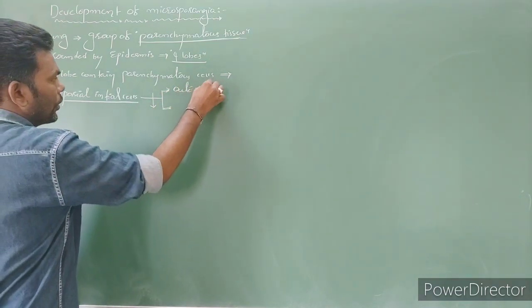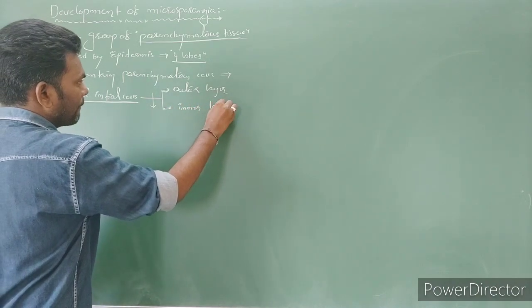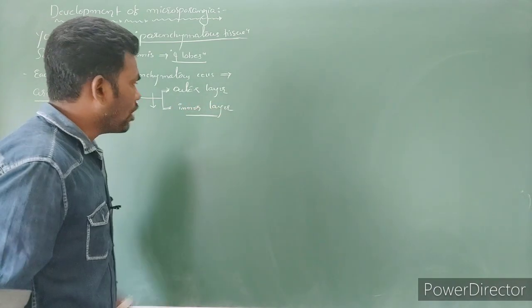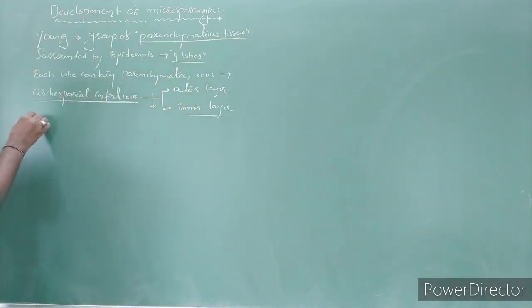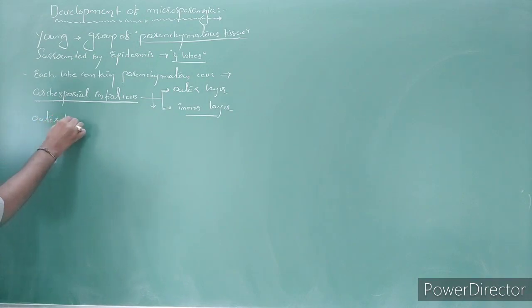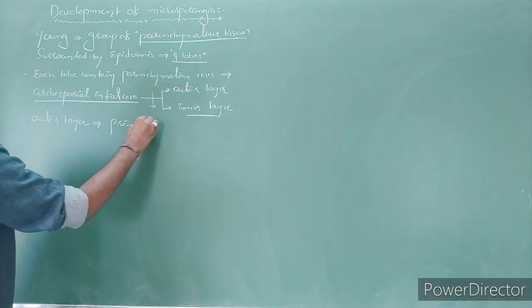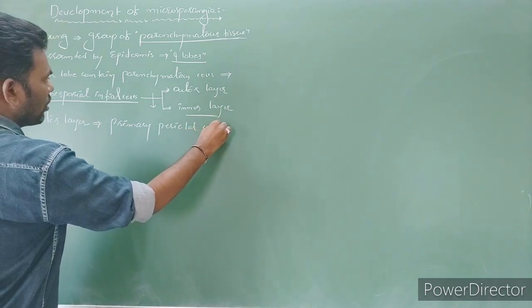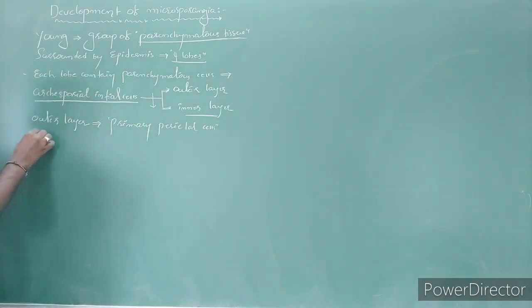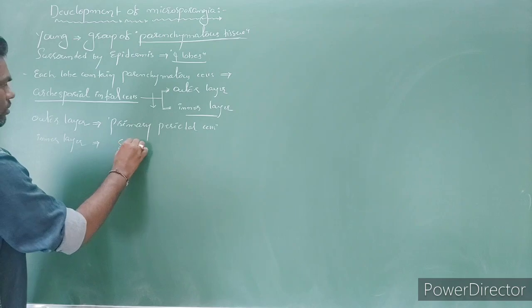The outer layer becomes the primary parietal cells, or layers, and the inner layer becomes the sporogenous cells.